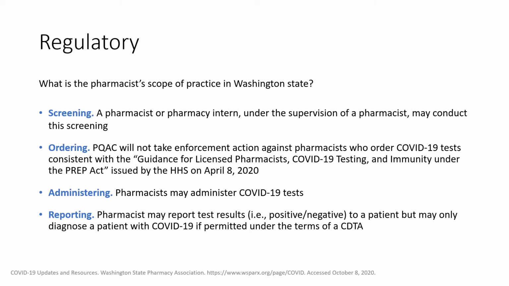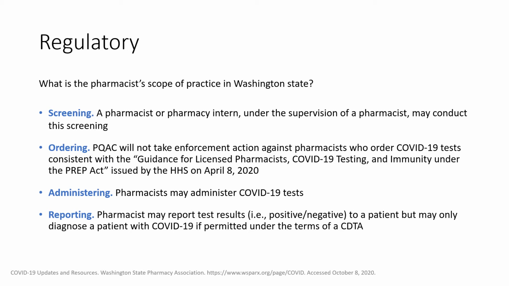In May 2020, the U.S. Department of Health and Human Services issued a declaration under the Public Readiness and Emergency Preparedness Act, also called the PREP Act, providing guidance authorizing licensed pharmacists to order and administer COVID-19 tests.